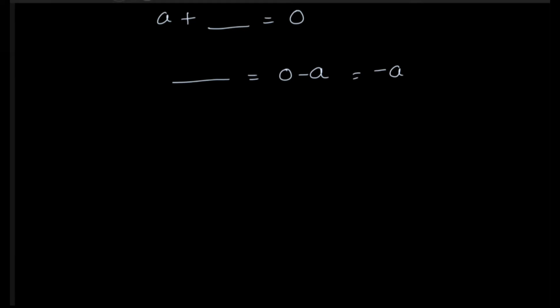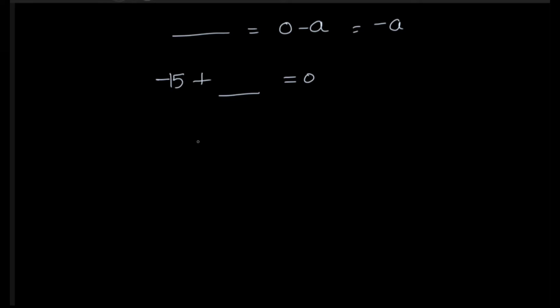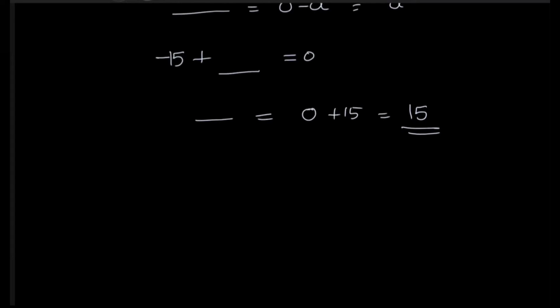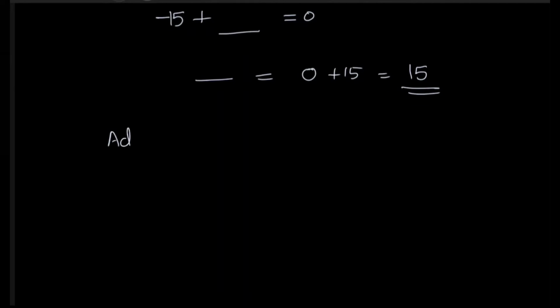So here the question is negative 15 plus dash, that is the additive inverse of negative 15, equal to 0. So our additive inverse is equal to, taking this negative 15 to the right side, this negative will become positive, and it is equal to 0 plus 15, which is 15 itself. That is, in order to find the additive inverse, we simply change the sign.